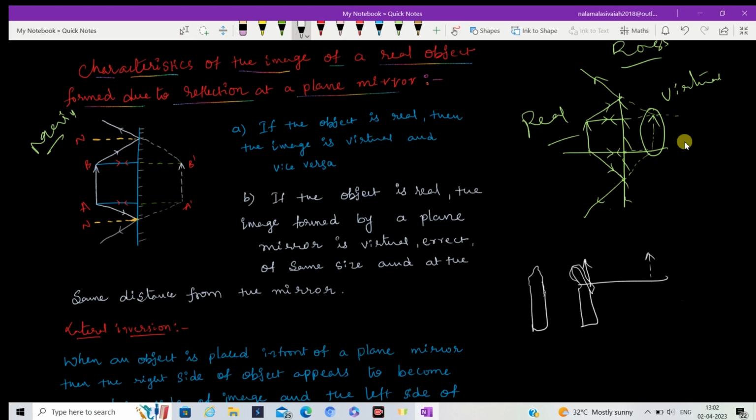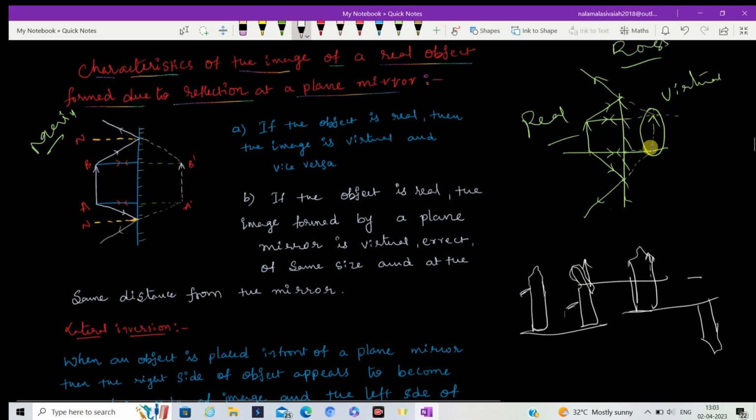Whereas an inverted image means the water bottle would be inverted like this, downward. In the virtual image, however the object is there, the image is formed like that only. That is a virtual image.